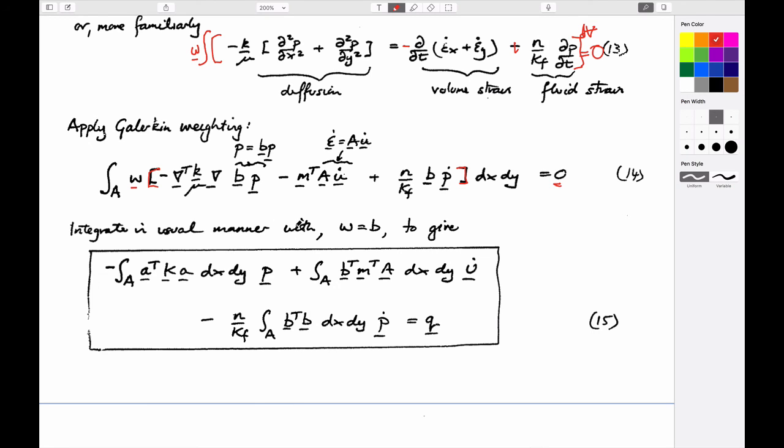The substitutions we do are what? This magnitude of pressure that we have here is actually equal to what? The pressure is going to be equal to a shape function multiplied by nodal values of pressure, which we can substitute for this term here.